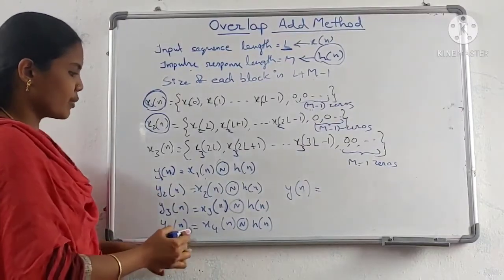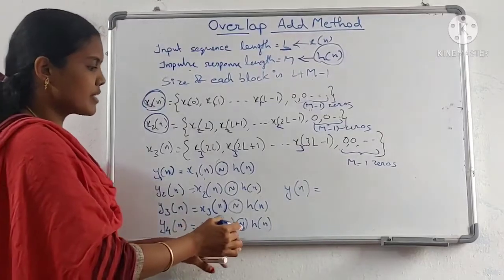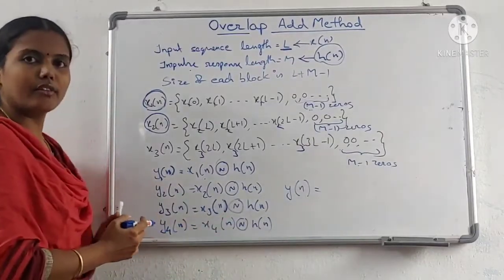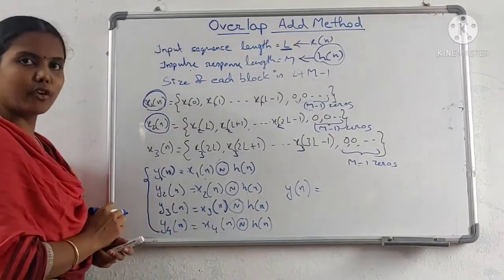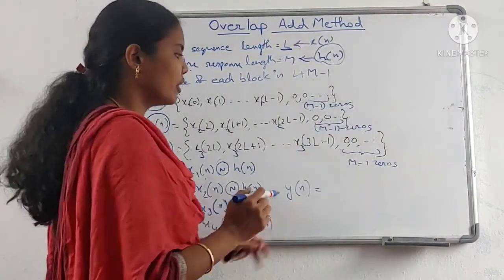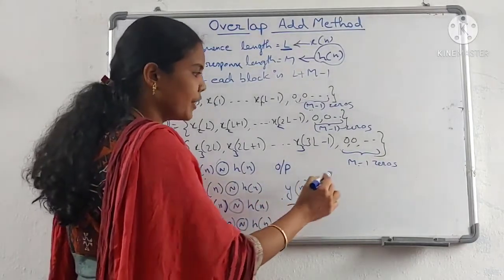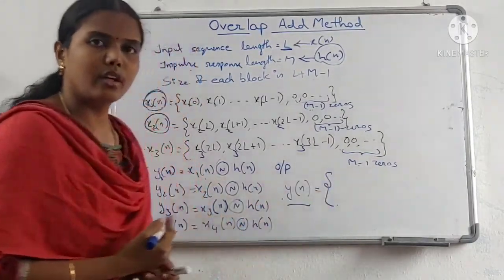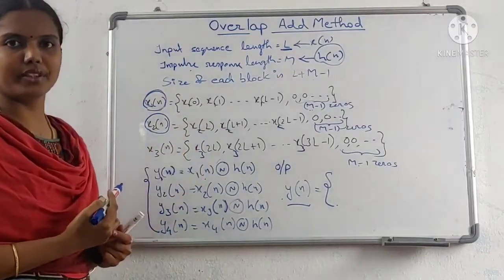In the same way, y4 of n is equal to x4 of n circular convolution with h of n. After finding y1, y2, y3 and y4, you have to find the total output, which is represented as y of n. This is the procedure of the overlap add method.